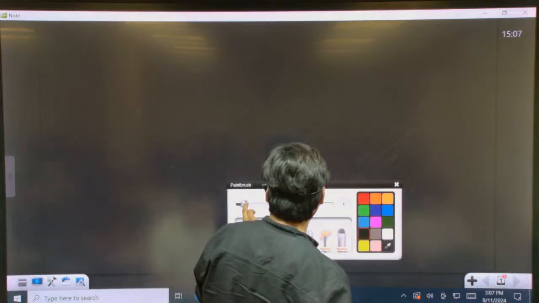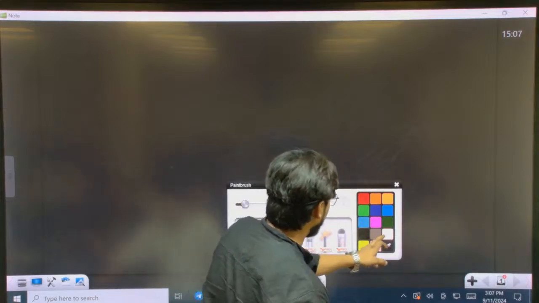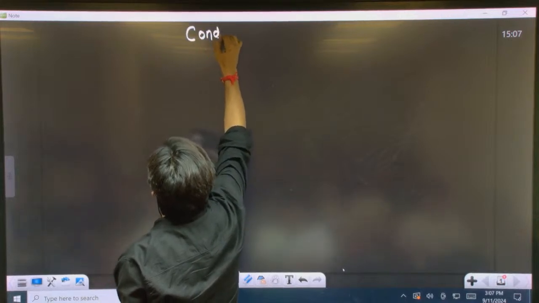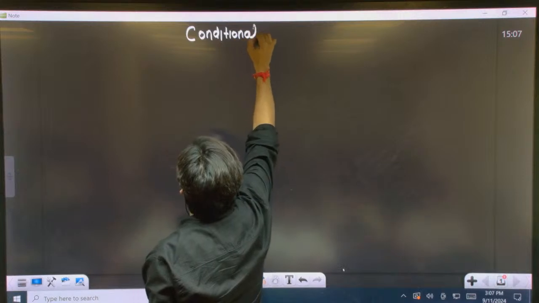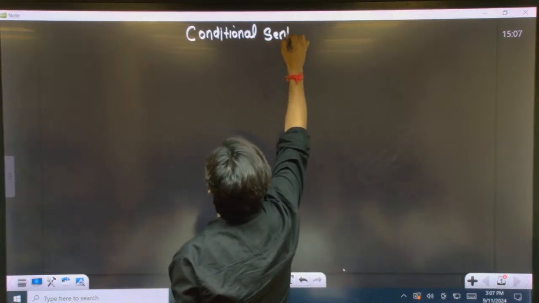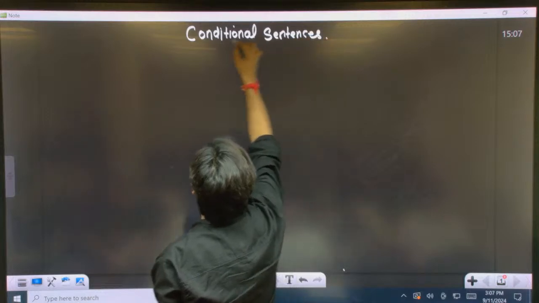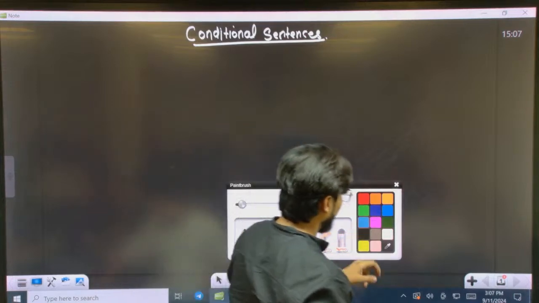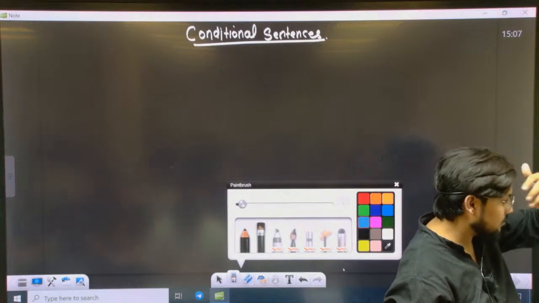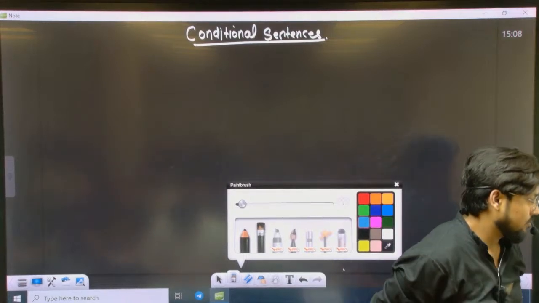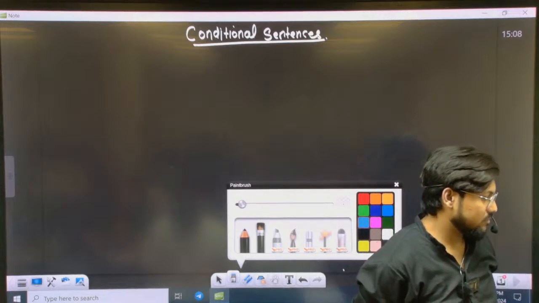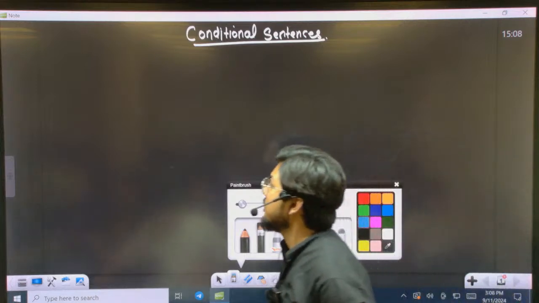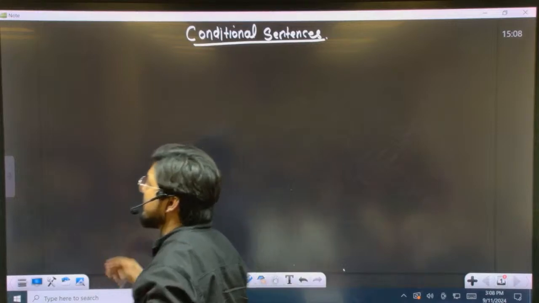So today we are going to look at a very important topic. This is known as conditional sentences. So what are conditional sentences?